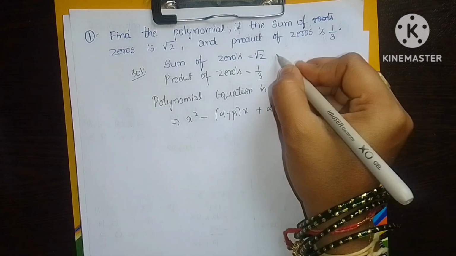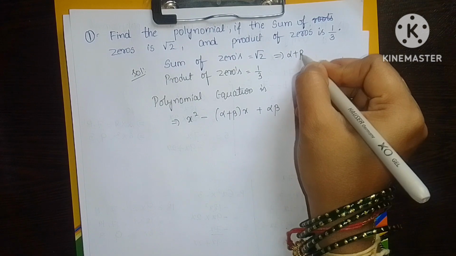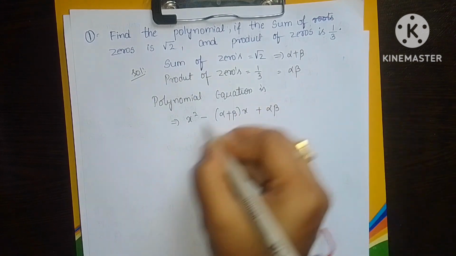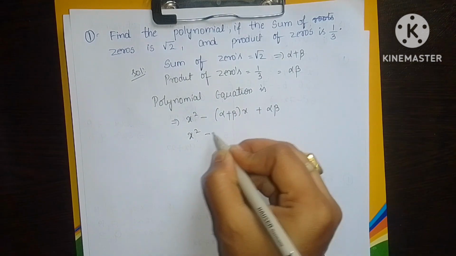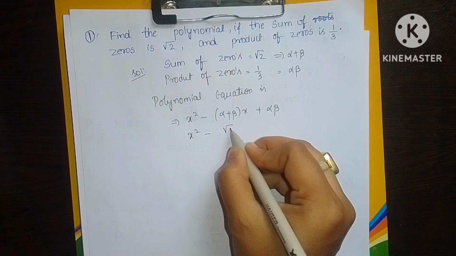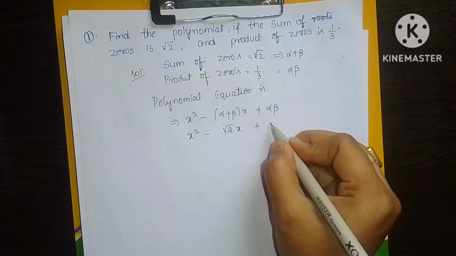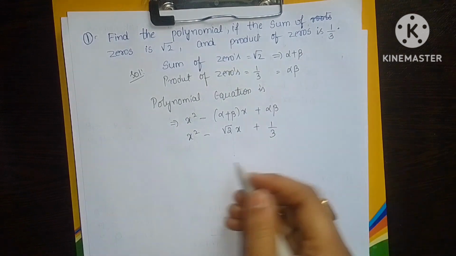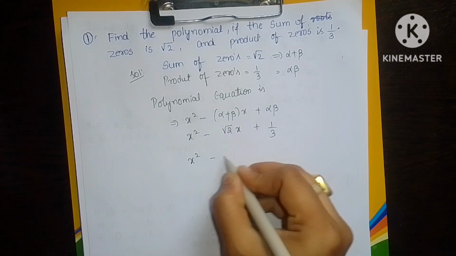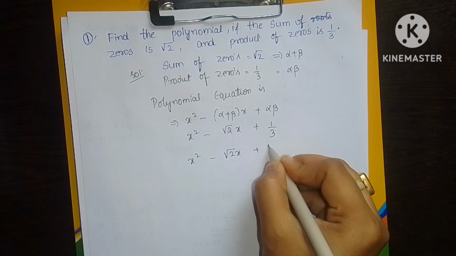Here the sum of the roots means alpha plus beta, the product of the roots is alpha beta. What they have given: x square minus (alpha plus beta, which is root 2) into x plus alpha beta, which is 1 by 3. So x square minus root 2 x plus 1 by 3.